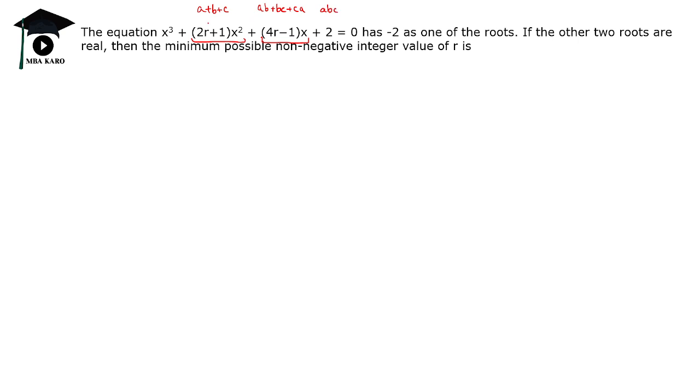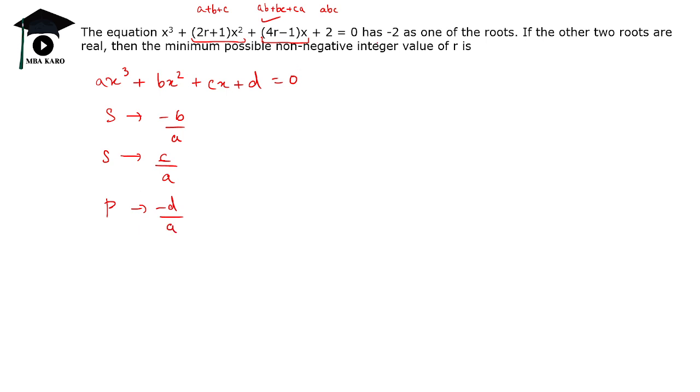If the cubic equation is ax³ + bx² + cx + d = 0, the sum of roots is −b/a, the sum of roots taken two at a time is c/a, and the product of roots is −d/a.